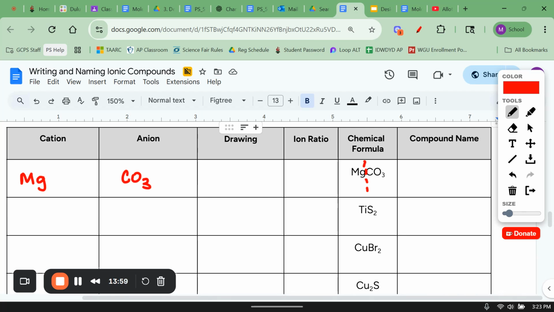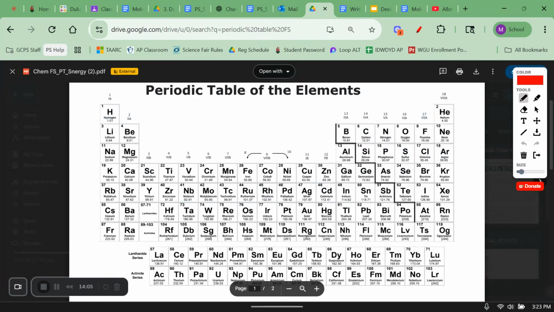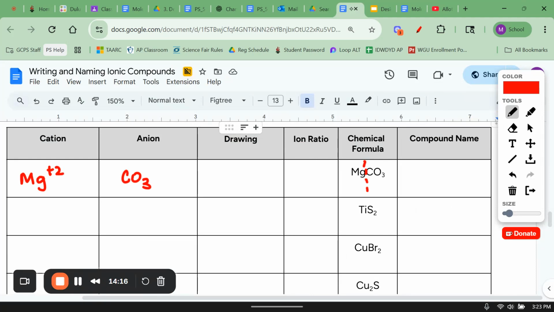Now, this is not enough. We need ionic charges. So I'm going to go look up Mg on the periodic table. When I look it up, I see that Mg is right here, which means that I know its charge to be a +2. So I can change this to Mg +2.